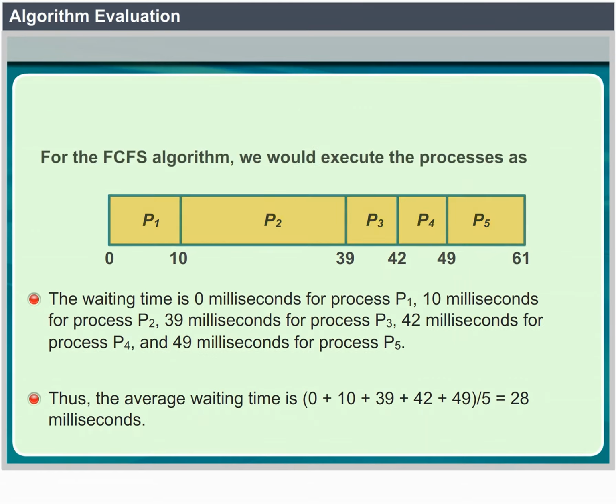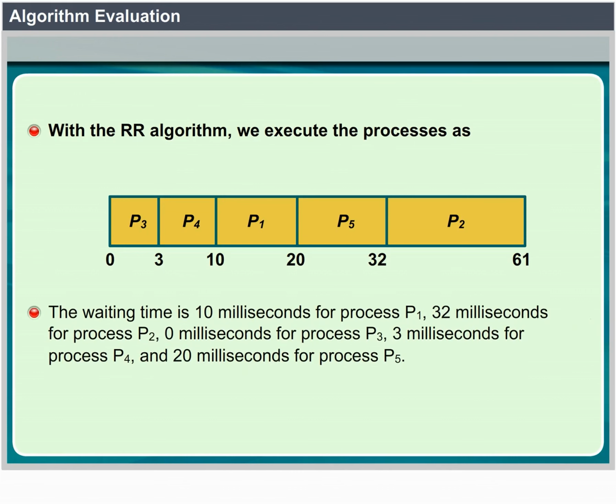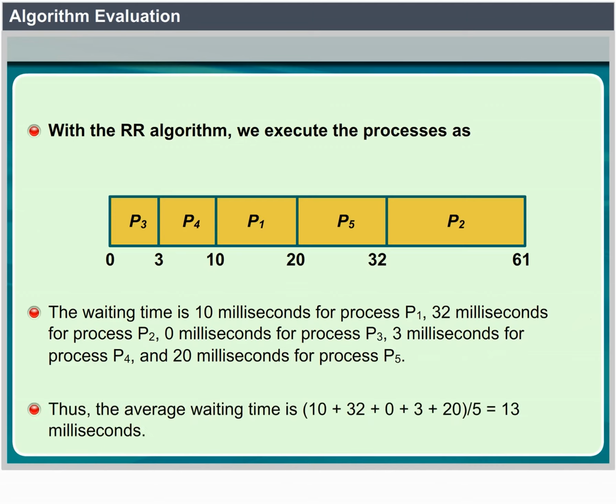With the SJF algorithm, we execute the processes as: the waiting time is 10 milliseconds for process P1, 32 milliseconds for process P2, 0 milliseconds for process P3, 3 milliseconds for process P4, and 20 milliseconds for process P5. Thus, the average waiting time is 10 plus 32 plus 0 plus 3 plus 20 divided by 5 equaling 13 milliseconds.